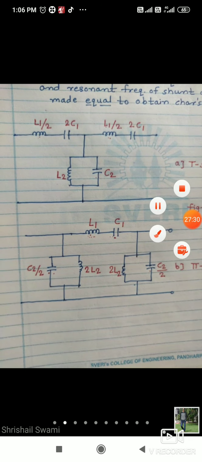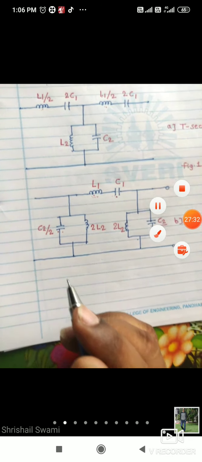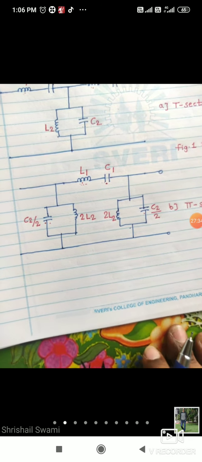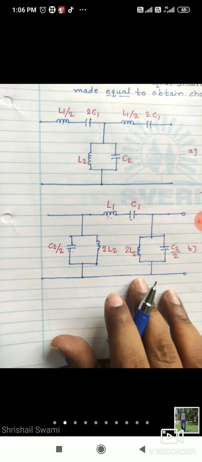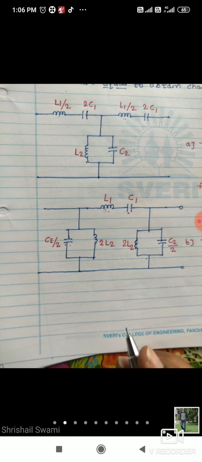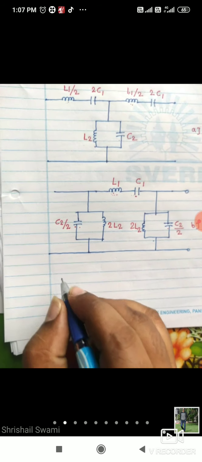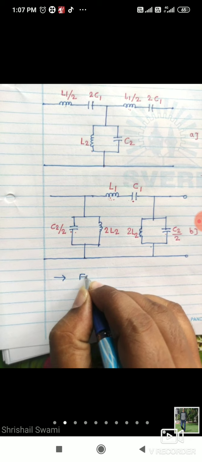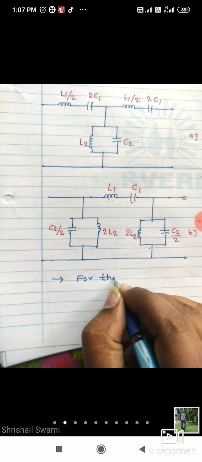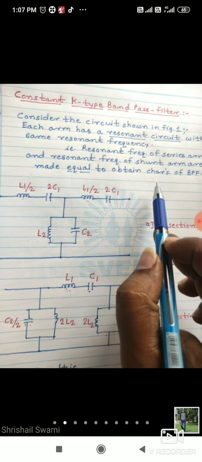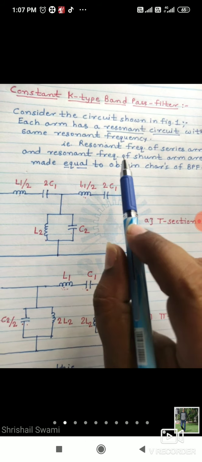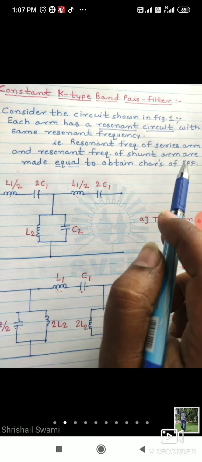Okay, now we'll start the derivation. For the condition of equal resonant frequency, what is the condition? To obtain the characteristics of a band pass filter, the resonant frequency of the series arm should be equal to the resonant frequency of the shunt arm.